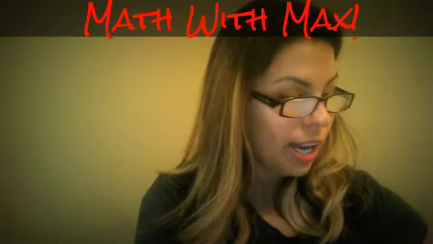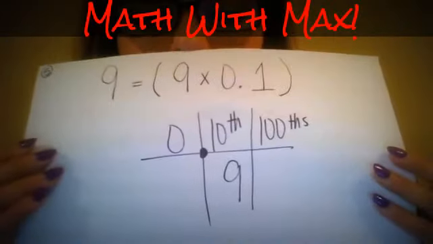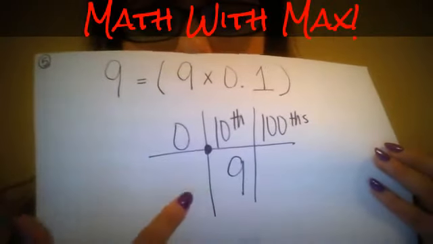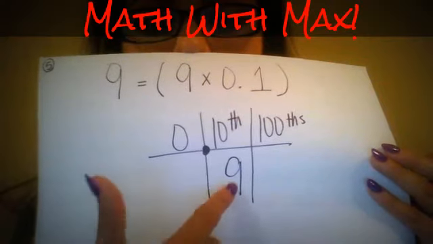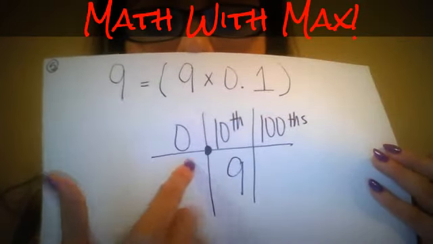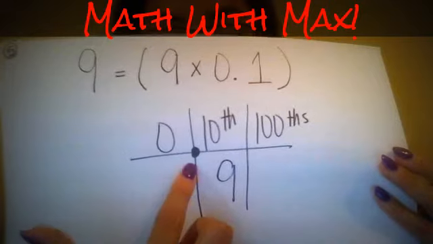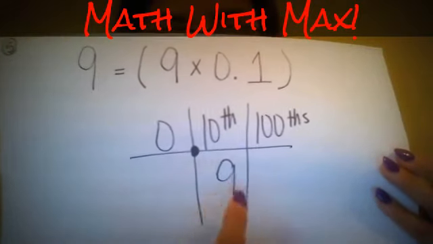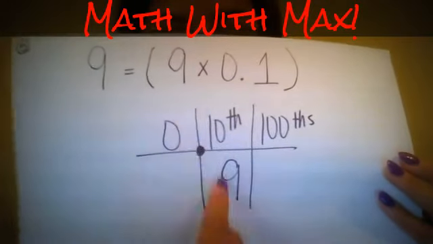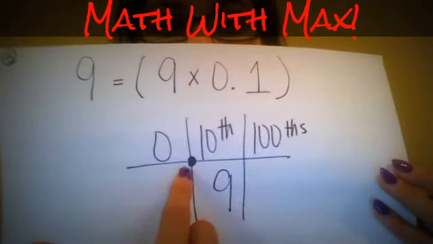And I'm going to put a 9 in the 10th place. Just like that. Okay? That means that my 9 is going to be just to the right, guys, of that decimal. So what I want to make sure that I do is when I'm looking at my answer choices, I want to make sure that my 9 is in the 10th place on this side of the decimal.